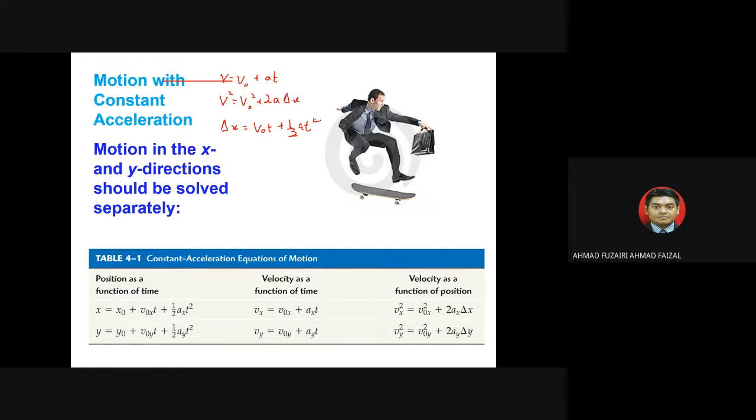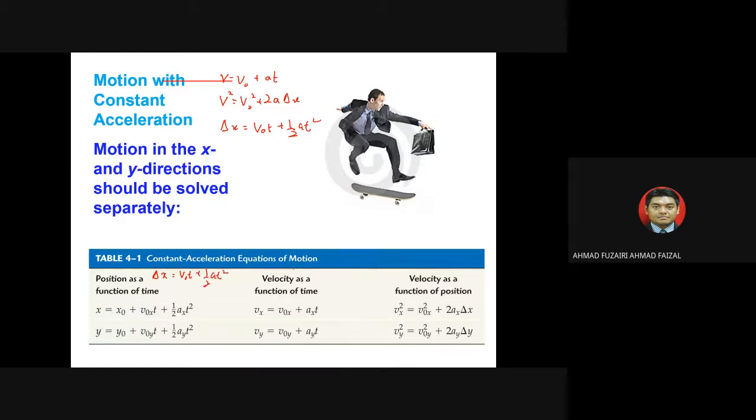But right now, in two-dimensional kinematics, everything has to be doubled. For example, position as a function of time, you can write down every value. Look at all the equations. This is based on the equation delta x equals v naught t plus half at squared.